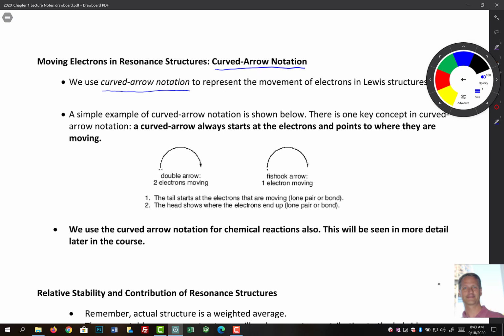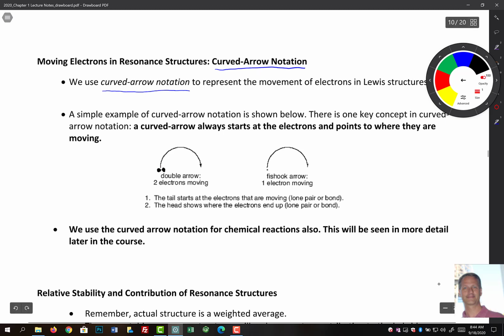Now there's two types of curved arrows, right? The first one is just your regular double arrow. For that double arrow, it shows the movement of two electrons. So you have 1, 2. It's a lone pair, or it could be a double bond, a pi bond there.